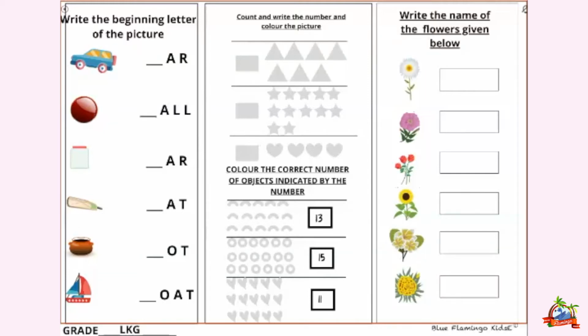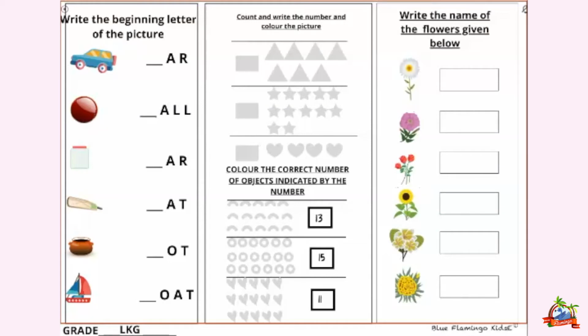So in this way you have to fill up all the beginning letter of the picture. Let us revise A to Z with one words. A for apple. B for boy. C for cow.